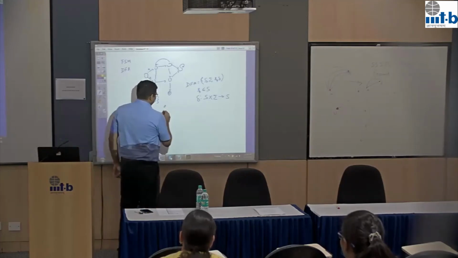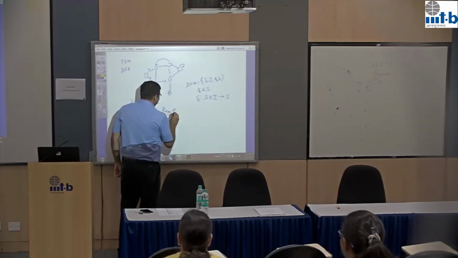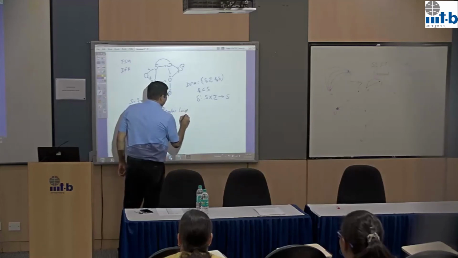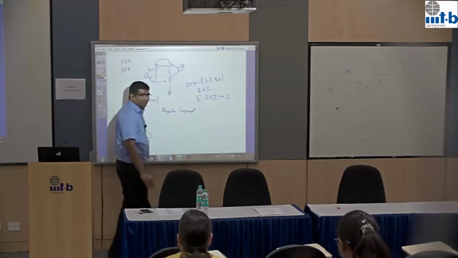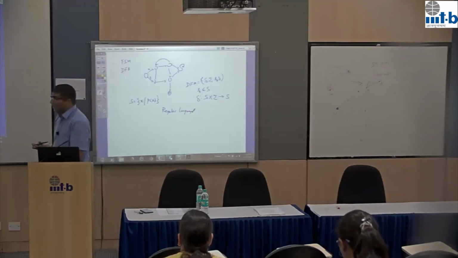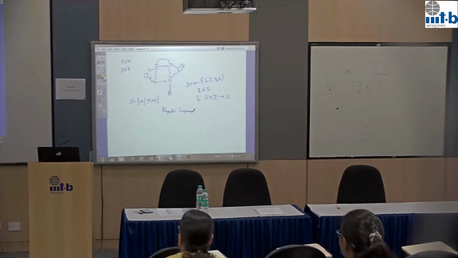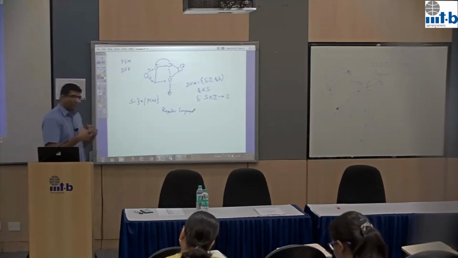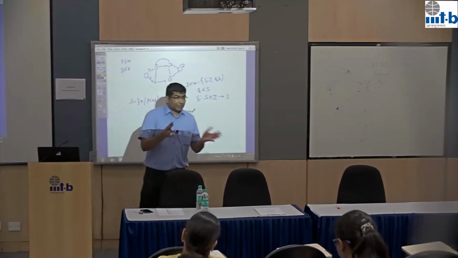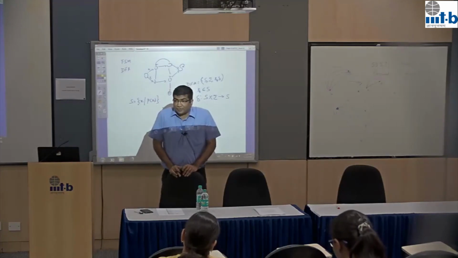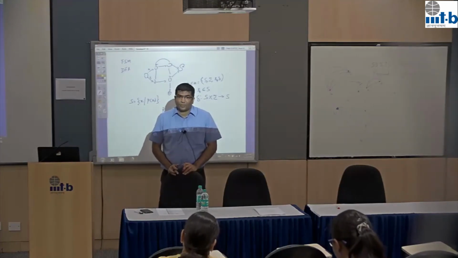Any idea? A regular language. Any language that can be recognized by a finite state machine is called a regular language, right? And this class of machines is amazingly versatile and amazingly rich. In fact, you can solve a lot of problems using just state machines.